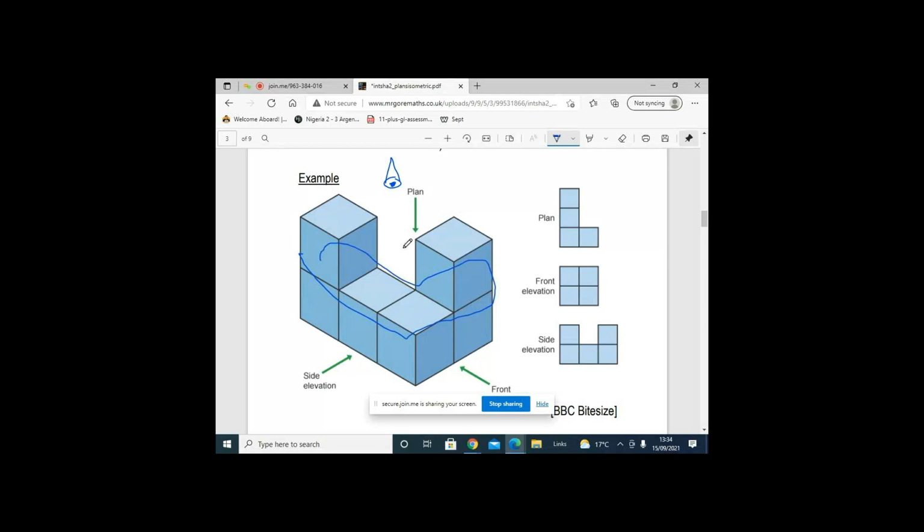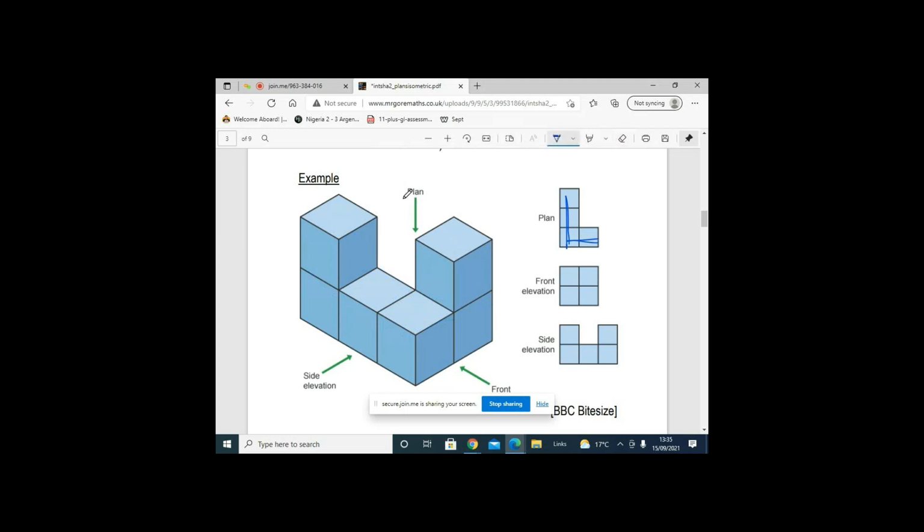This is what you will see if you're looking at it from the top. So you will see these 3 cubes, and you will see one extra one on the left. That's the plane part. Are you getting it? Yeah.